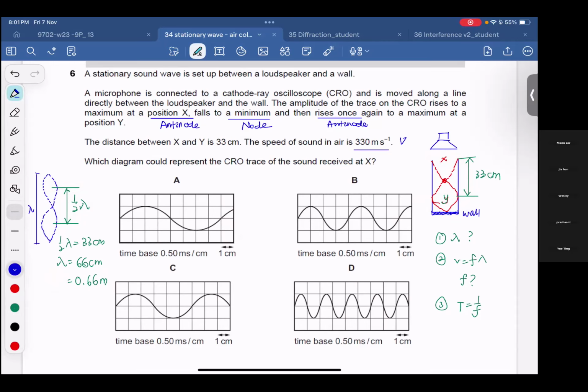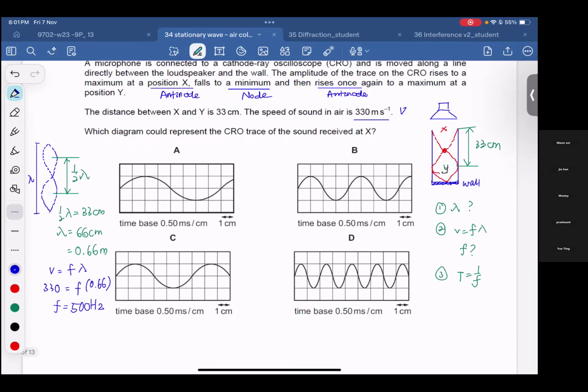Then after that, v equals f lambda. My speed is 330, my frequency unknown, my wavelength is 0.66. So my frequency should be 500 hertz. But from the CRO, what we can know is the period, not the frequency. So we need to continue to find the period. Period is 1 over frequency, which is 1 over 500, so I get 2 times 10 to the power of negative 3 seconds.